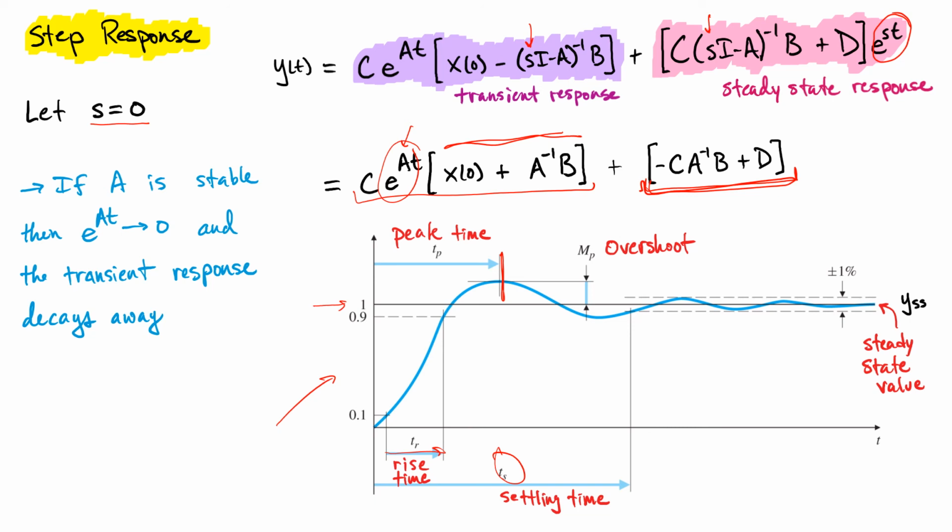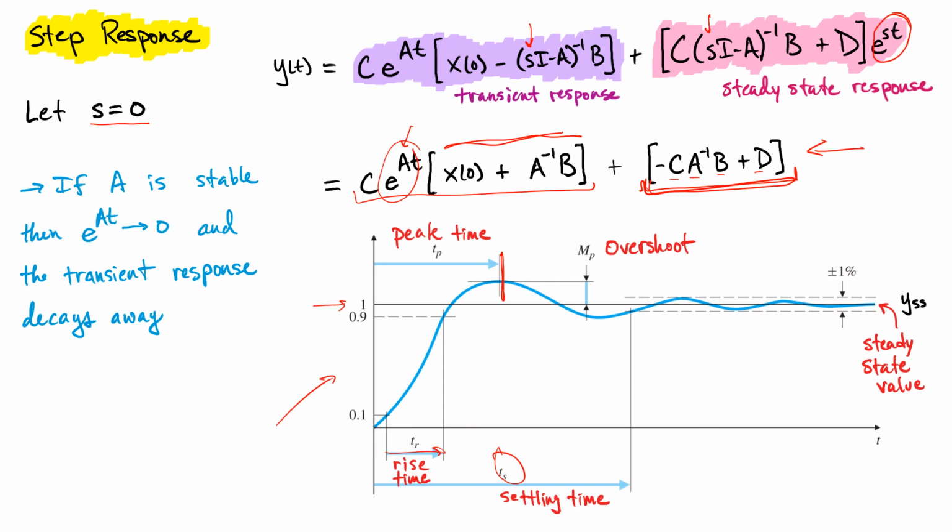So in the context of our exponential response, this gives us a nice closed form solution for how the state space matrices, C, A, B, and D all factor into both the transient response and the steady state response.